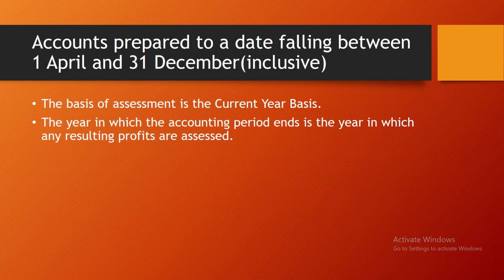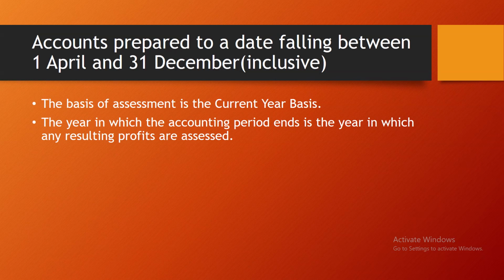Now, what you should also be comfortable with is that there can be accounts prepared to a date falling between 1st April and 31st December, meaning the accounting date falls within this interval of time.